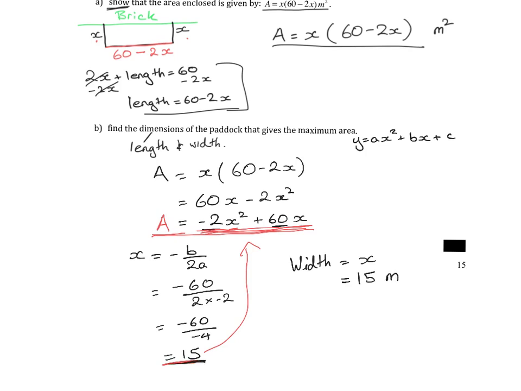The length is 60 minus 2 times x, so it's 60 minus 2 times 15, which is 30 meters. So now we found the width and the length that correspond to the maximum area, the x value that gives the maximum area. And we found the dimensions. That's all they wanted us to find. So now we're done.